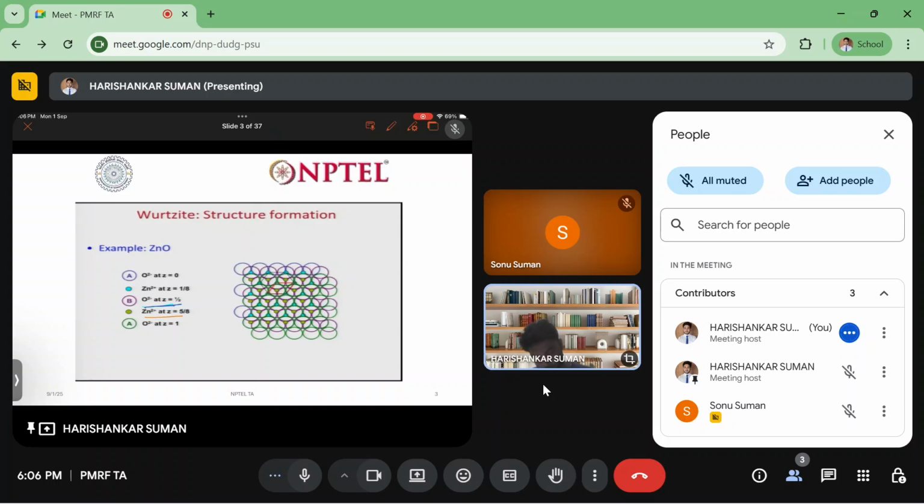So you can see that this type of structure is HCP, hexagonal close-packed.